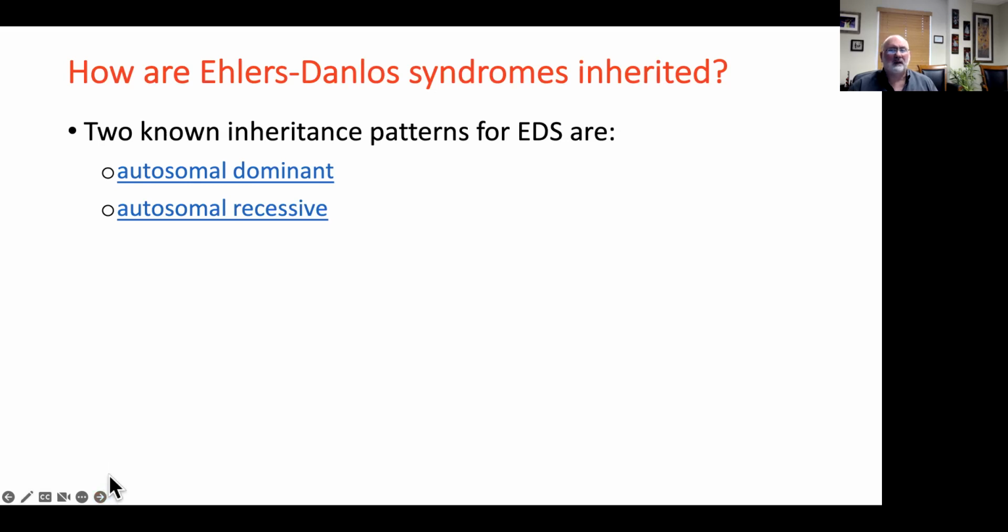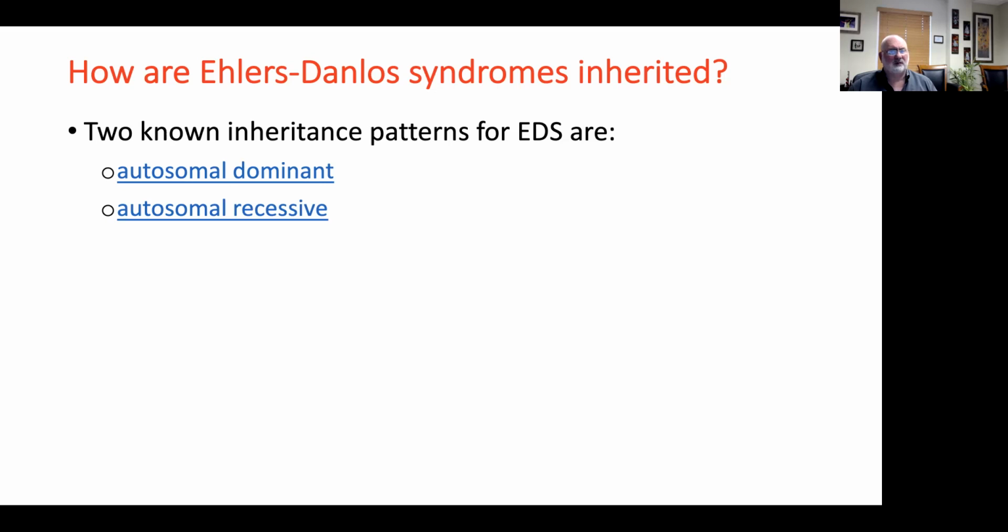So EDS is inherited autosomal dominant and recessive. Autosomal dominant means that if you have it, you have a 50% chance of passing it on to your children. Usually you can find either a mother or a father who has it.